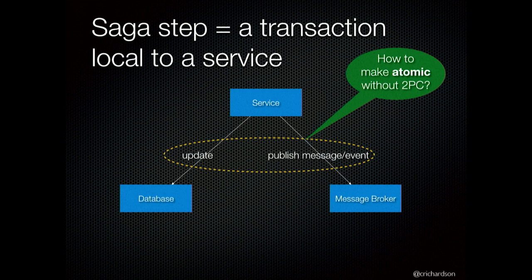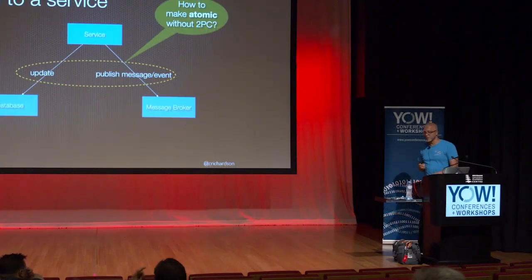In a traditional application, you'd use something like the Java Transaction API, JTA, to have a distributed transaction spanning your database and your message broker. But that's not something we want to use here. Later on, I'll describe the mechanism. There are a couple of different ways of ensuring atomicity without using two-phase commit.